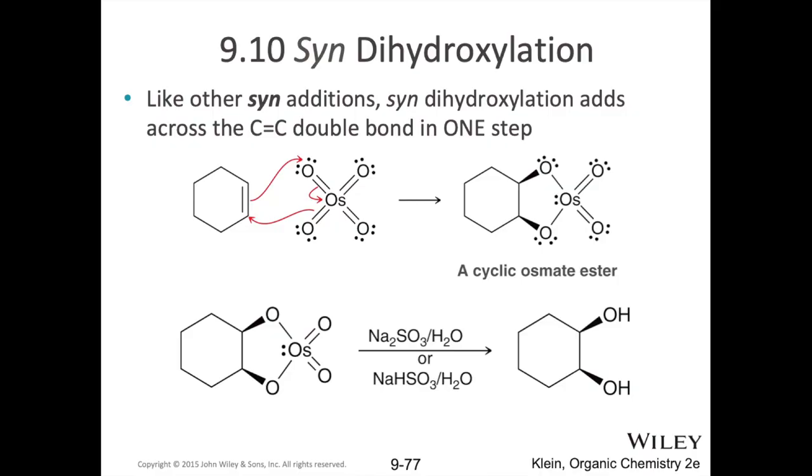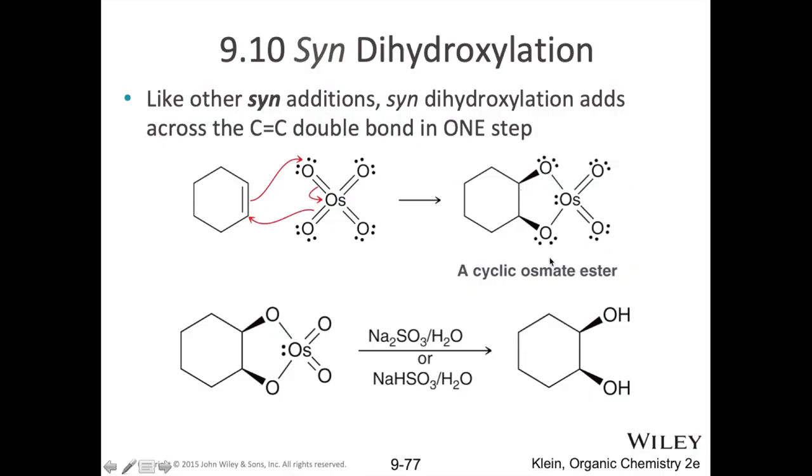Okay, I mentioned that you can do a syn hydroxylation. Well, in order to do that, we need to use a metal center, and typically we're going to use osmium tetroxide. Here, our osmium essentially adds on both oxygens in a concerted step.